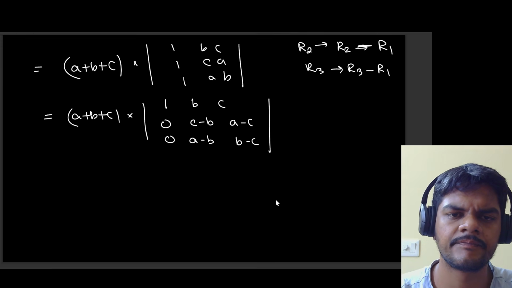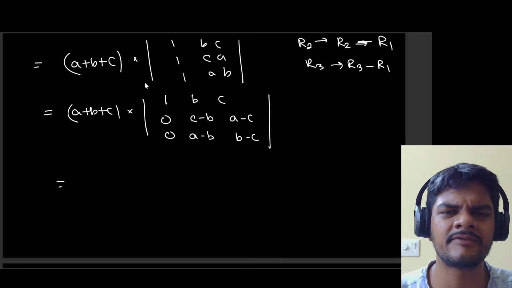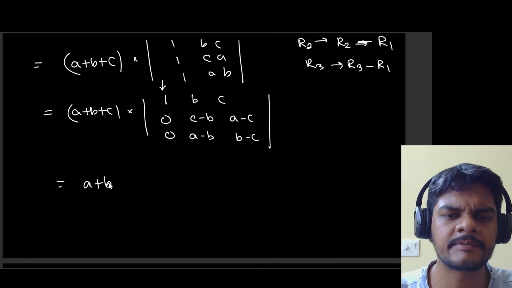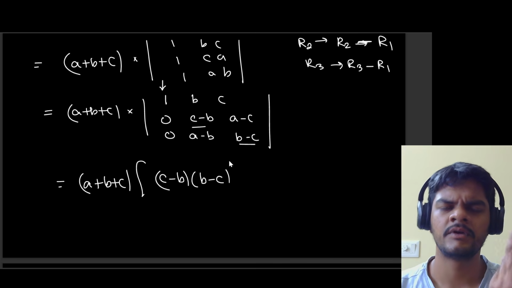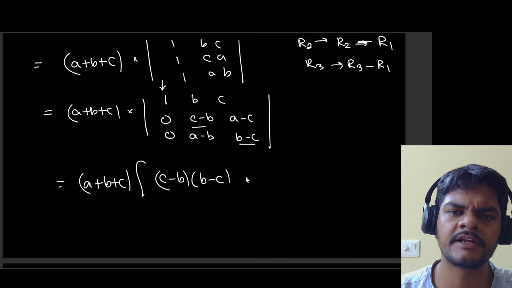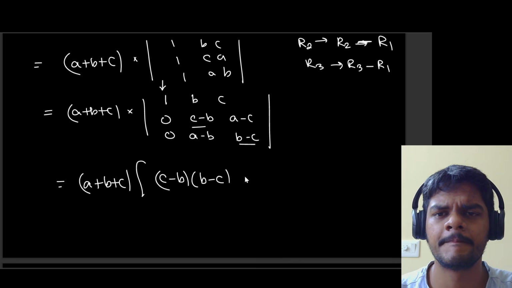Now if you expand through the first column, you will have a plus b plus c into (c minus b)(b minus c) minus (a minus c)(a minus b). I hope you know how to expand a 3 cross 3 determinant.